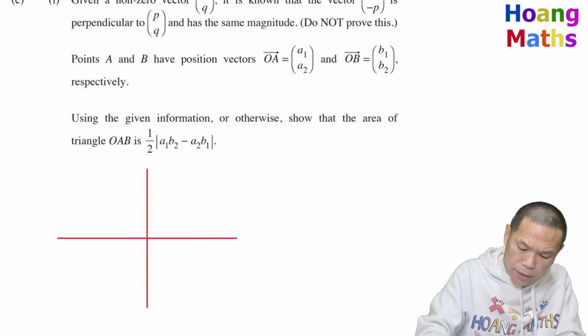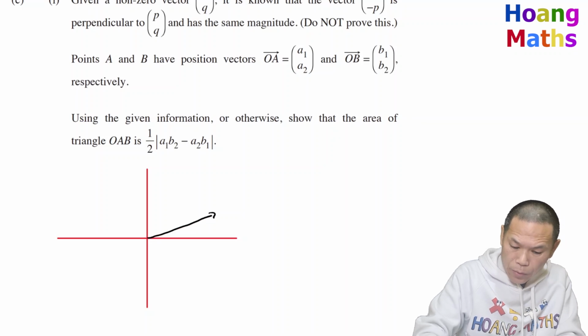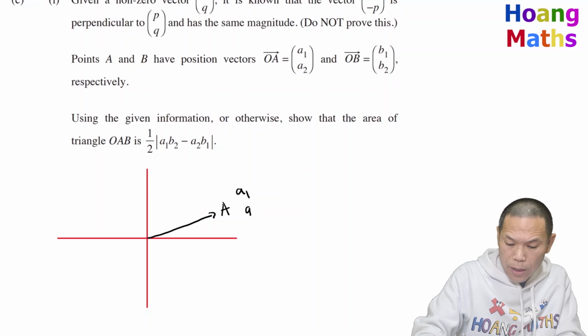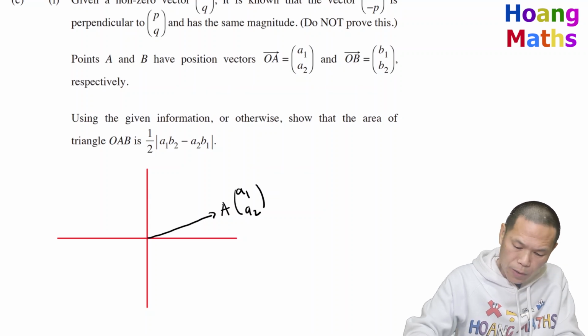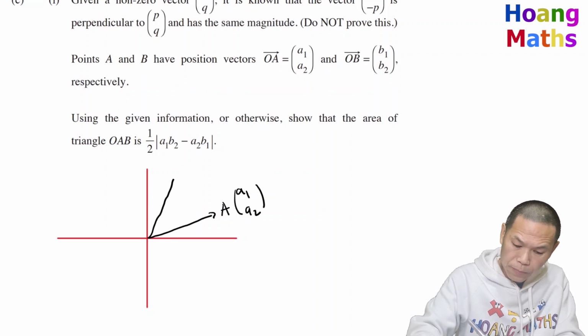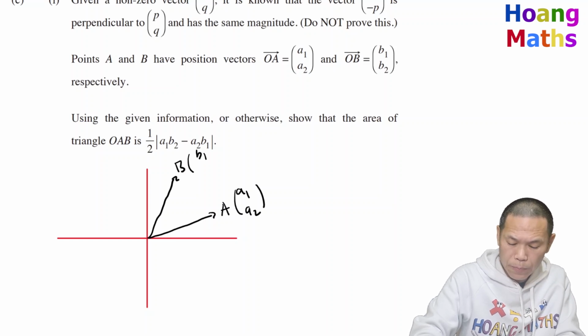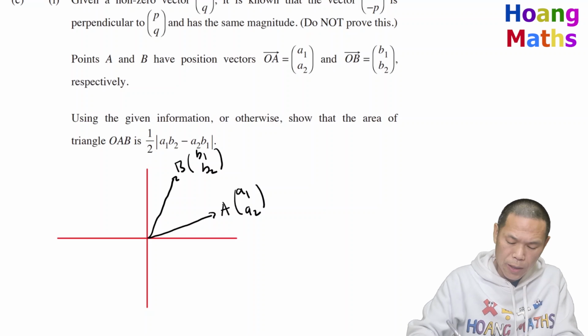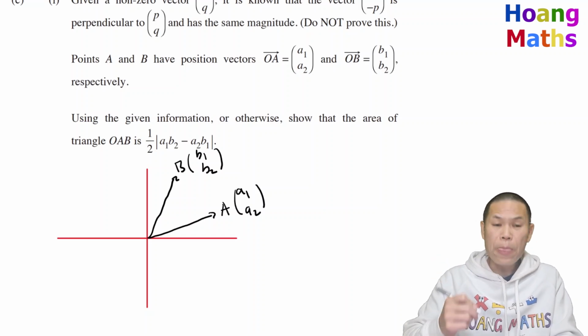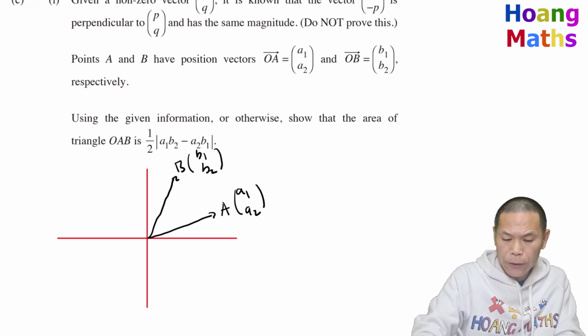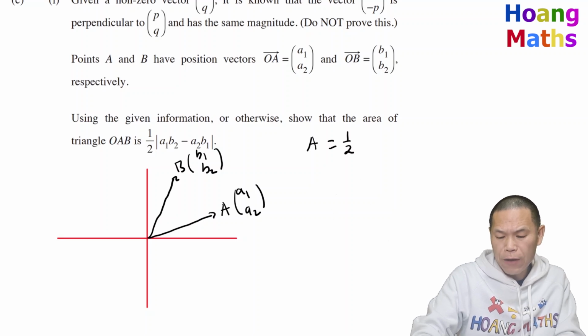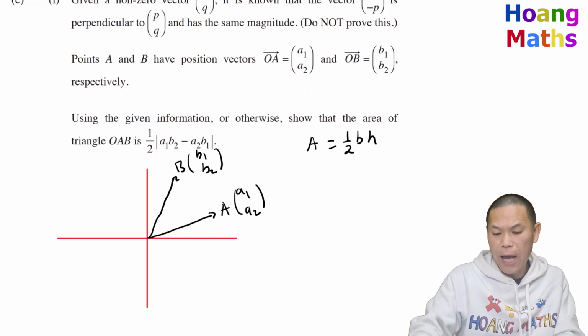Let's say we have vector A here, so A, A1, A2. And this is vector B, so that is B1, B2. And to find the area, we know the area of a triangle can be worked out by a half times base times height.